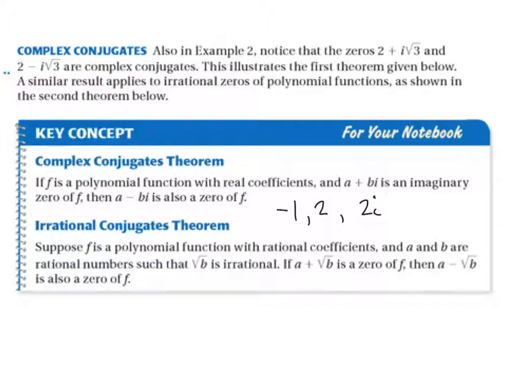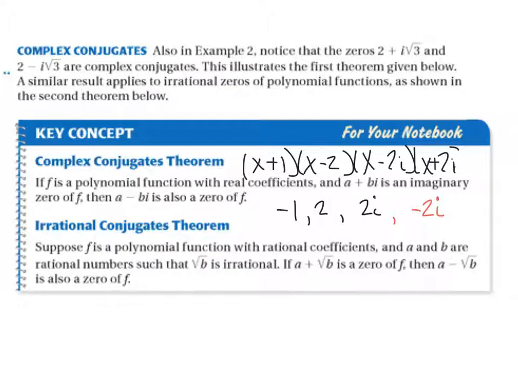That's all they list. You also need to make sure you know that -2i is also a zero. This means that x plus 1, x minus 2, x minus 2i, and x plus 2i are all factors of that polynomial.